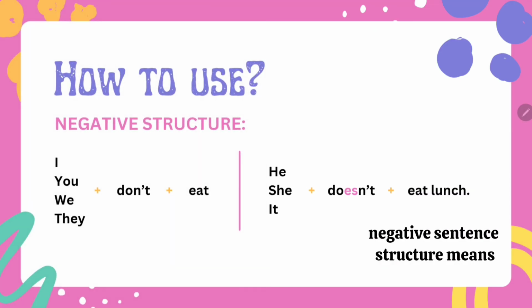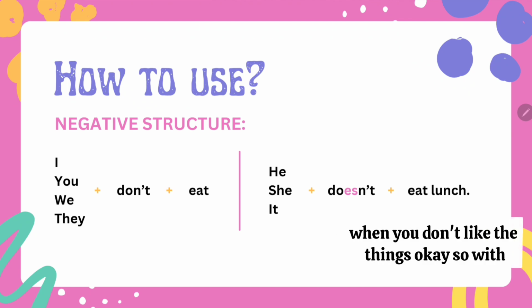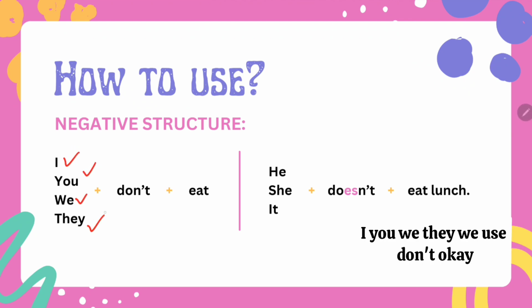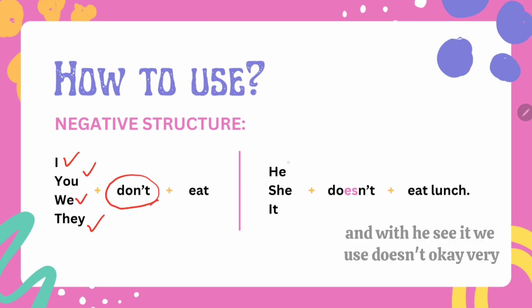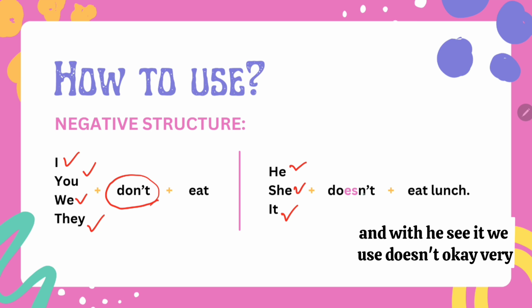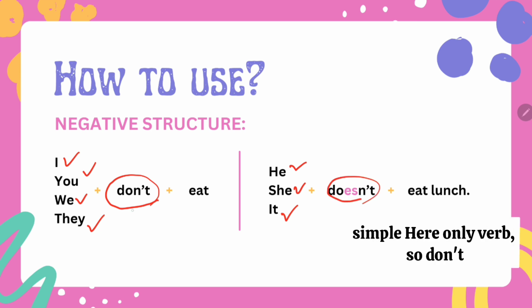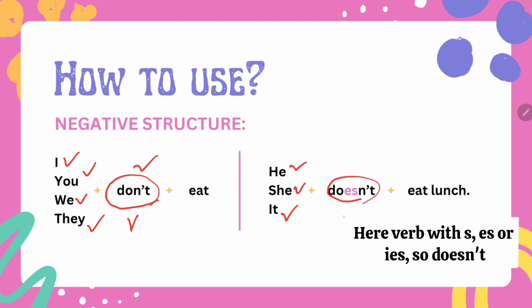Negative sentence structure means when you don't like the things. With I, you, we, they, we use don't. And with he, she, it, we use doesn't. Very simple. Here only verb, so don't. Here verb with s, es or ies, so doesn't.